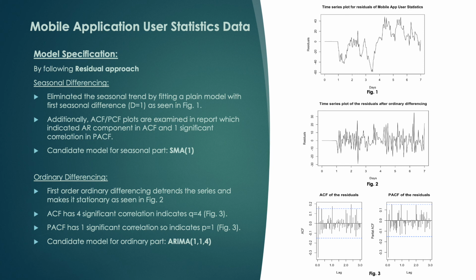After dealing with the seasonal trend, we deal with the upward trend. To detrend the time series and make it stationary, we perform the first order of ordinary differencing. After examining the ACF and PACF plots, we get the candidate model ARMA(1,1,4).